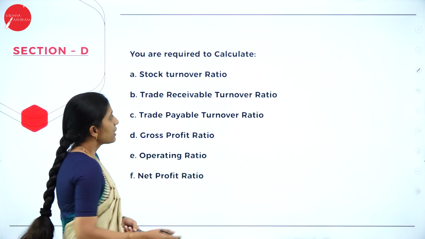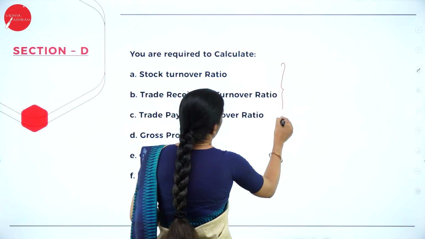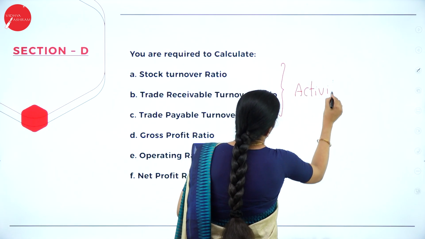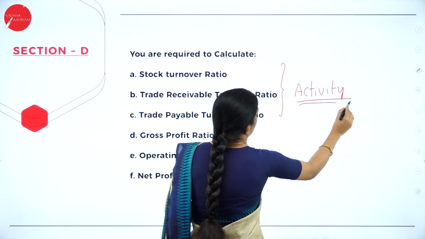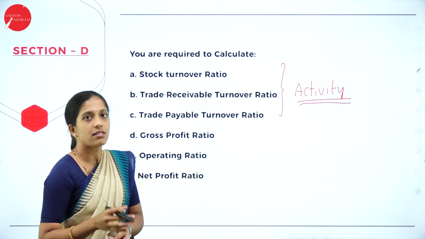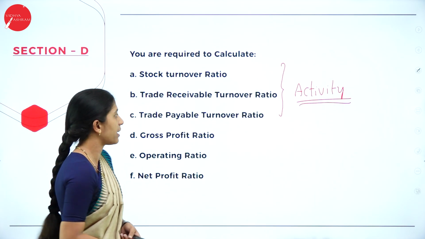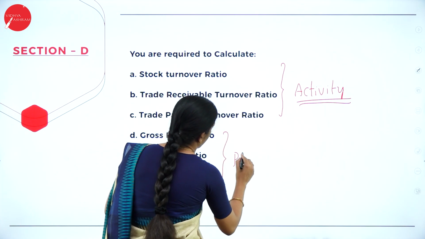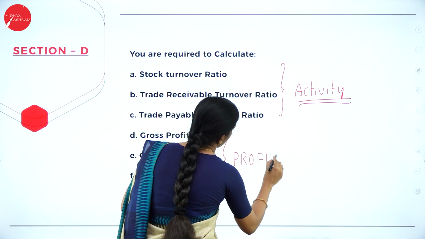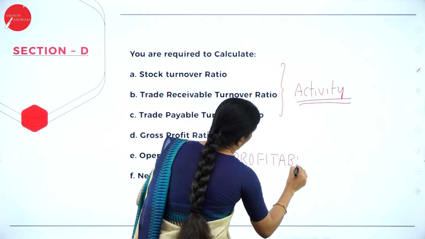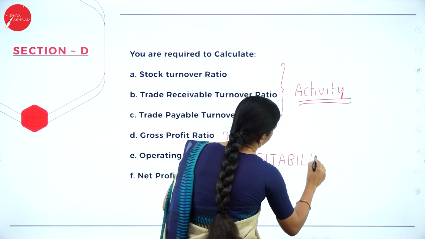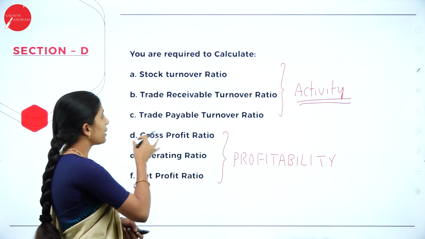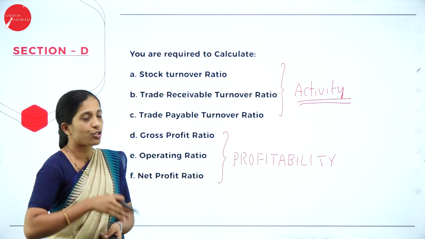As I have told you, the first three ratios will be activity ratios. Always, in a question for 12 marks, the first three ratios will be on activity ratio and the next three ratio calculations will be on profitability ratio. Now, let us see what ratios they asked us to calculate.